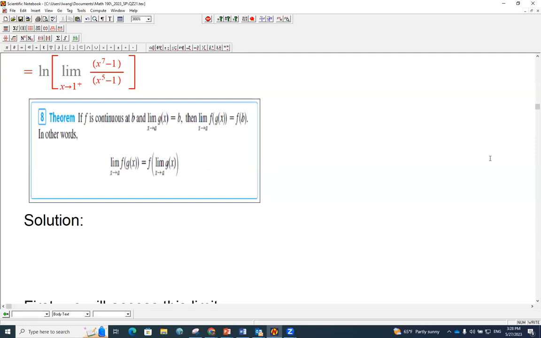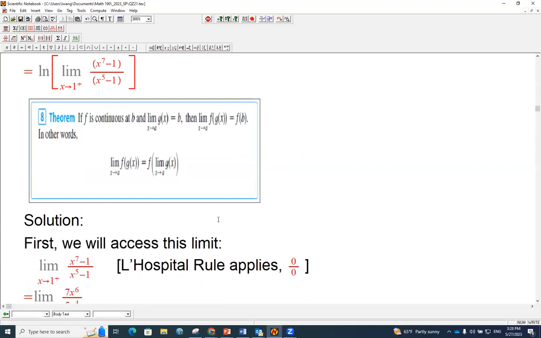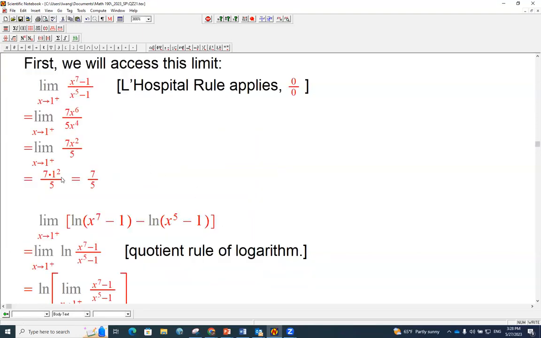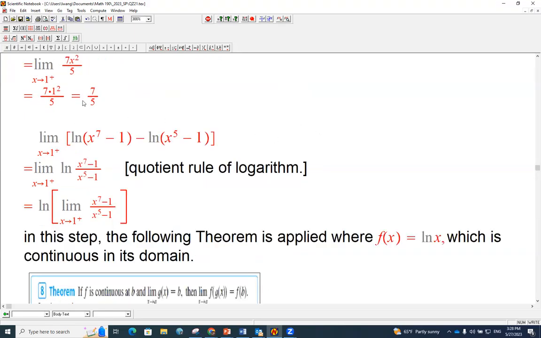We want to present the solution in a logical order, and that logical order is to first demonstrate that this limit exists, because only after that limit exists and you're dealing with a continuous function can we apply that theorem. And so we have demonstrated that this limit exists, and therefore we can bring the limit through the function.